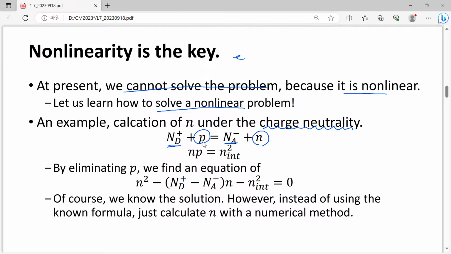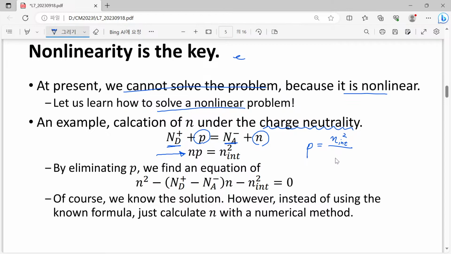So one equation and two unknown variables. It's not good, but fortunately from the second expression, the so-called mass action law, we can express hole density in terms of electron density.